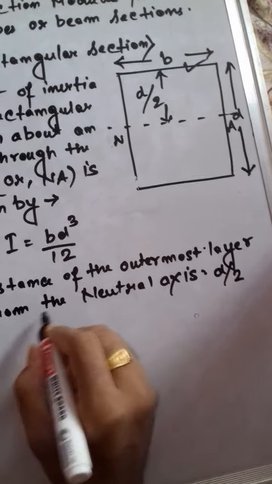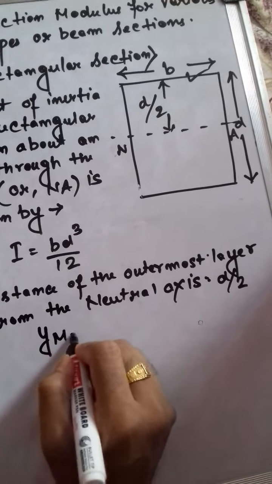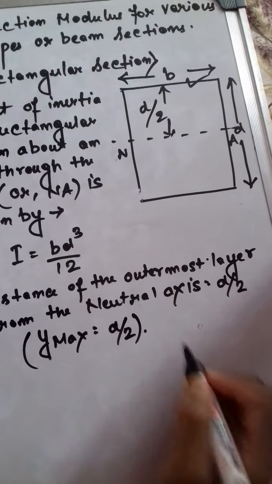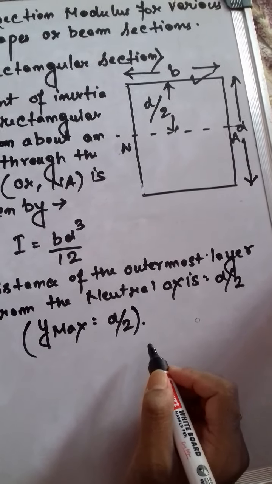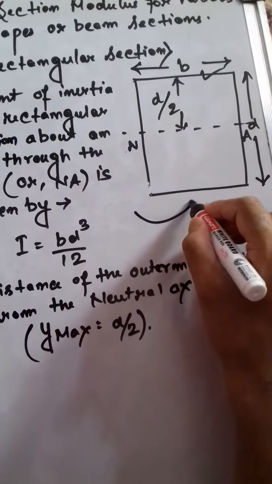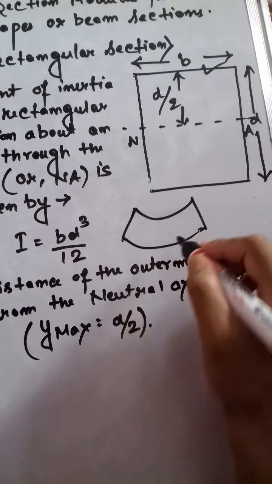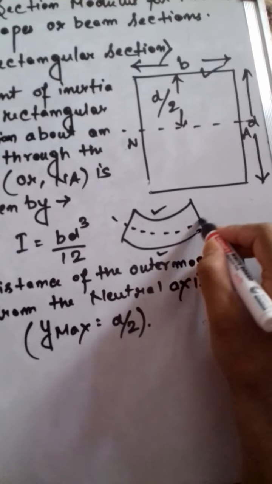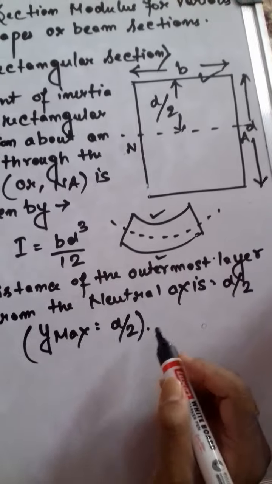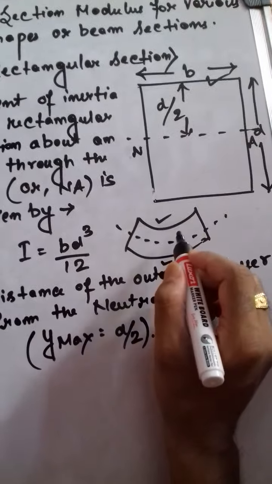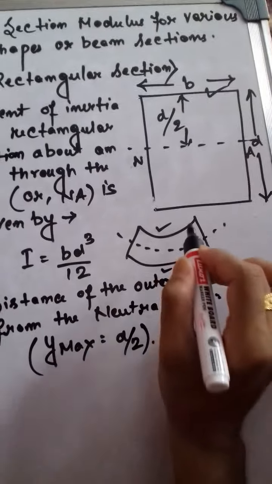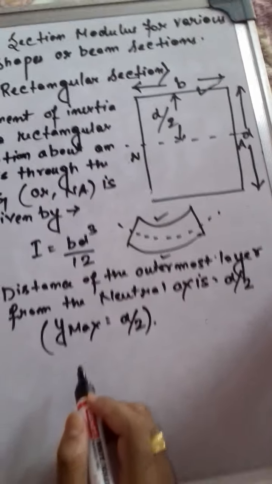So this is the maximum distance, y max, equal to d by 2. We know that in the bending of a beam, at the outermost layer, either at the top or at the bottom, the maximum stress will be there, either tension or compression. So y max is the maximum layer from the neutral axis, either to the top or to the bottom of the beam in case of bending of beam. So y max is equal to d by 2.